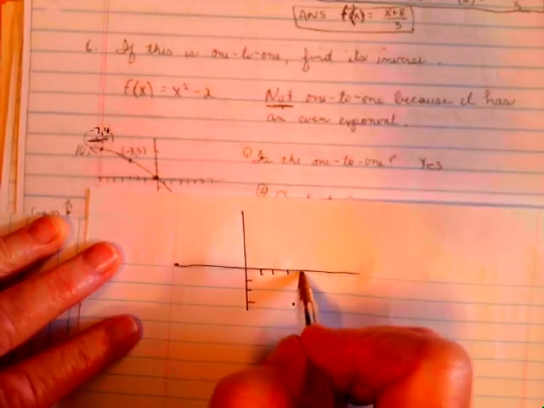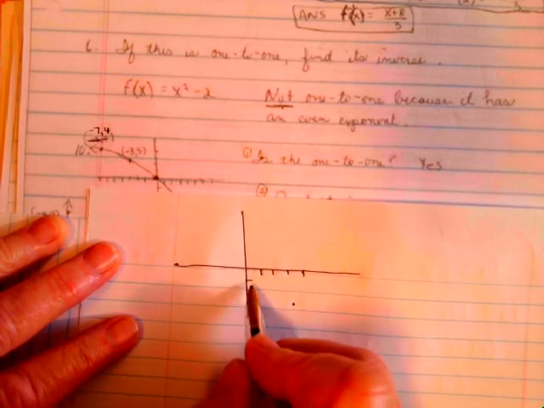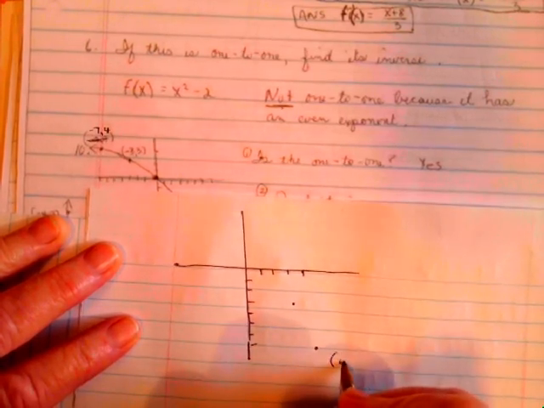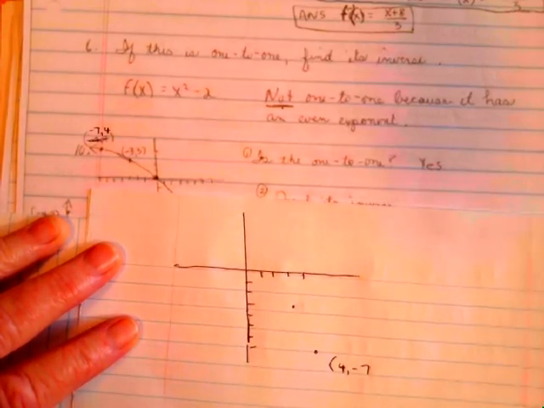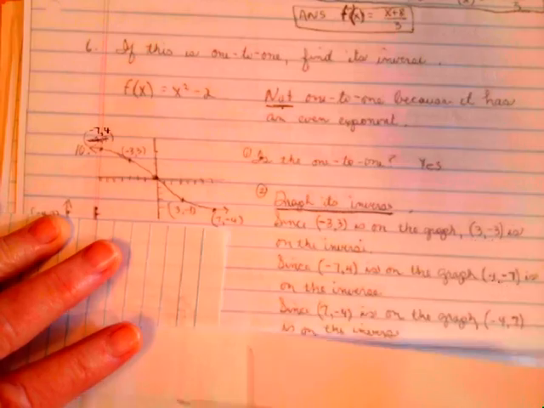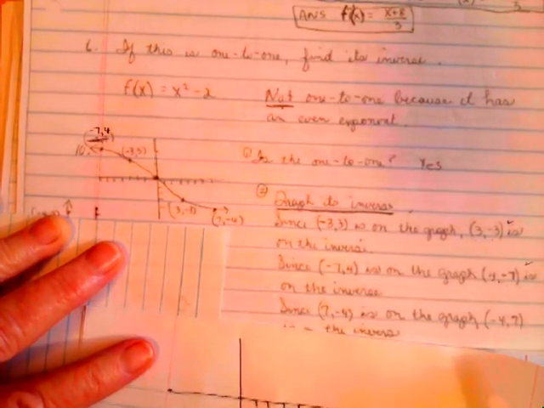So find 4, negative 7. There is 4 comma negative 7. There is 3 comma negative 3. Got that one done.